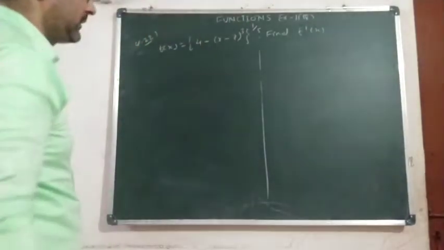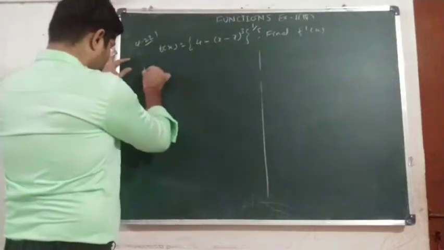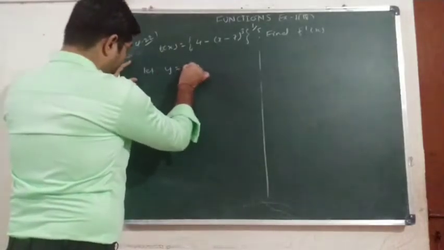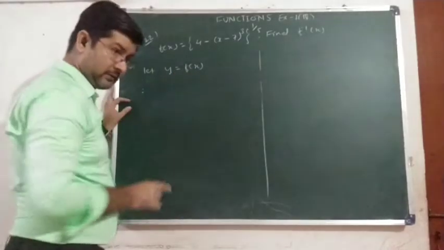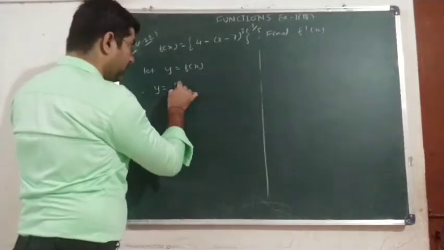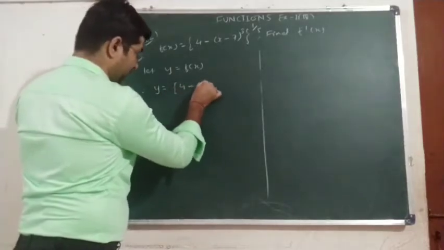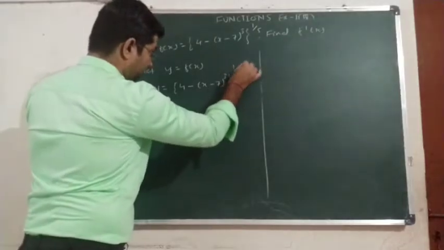Let us find out. Okay, we have a method. Let y is equal to f of x. We will use this method, and therefore y is equal to 4 minus x minus 7 raised to 3 whole raised to 1 by 5.